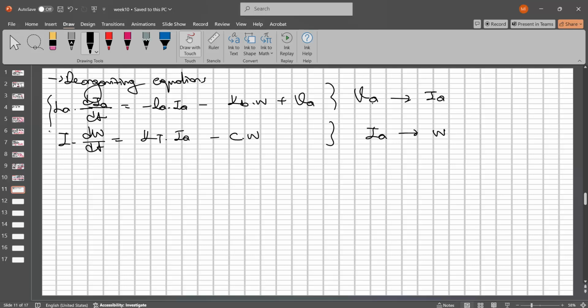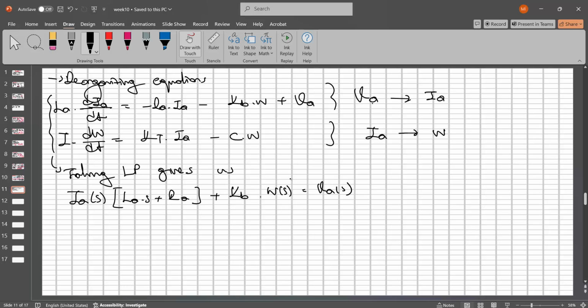And so, taking the Laplace transform gives us (LA S plus RA) times IA(S) plus KB times W(S) is equal to VA(S).